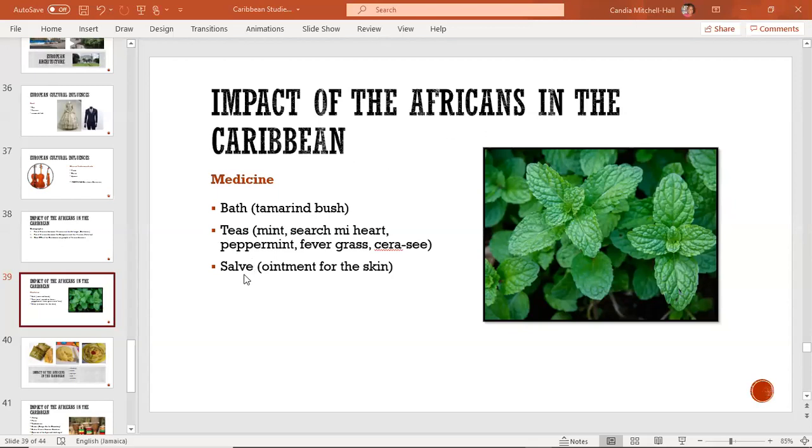Now, when you get a cut on your hand or your foot, there's salve that your parents usually put on it. It's like an ointment that they mix together, have in a little bottle. Most of our grandparents have right beside their bed this bottle with weed in it or marijuana in it with some rum. Correct? Yes, sir. My grandmother had that.